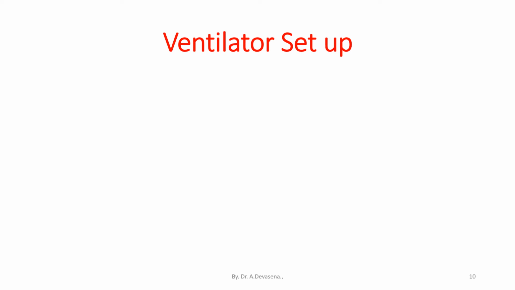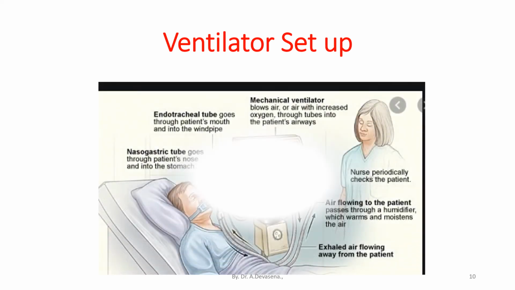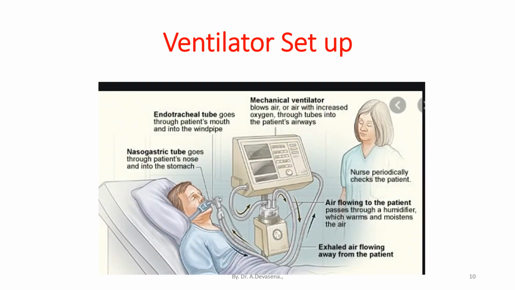Ventilator setup representation is shown here. Here, the mechanical ventilator is connected to the patient. This mechanical ventilator provides air or air with increased oxygen through the tubes into the patient's airways.